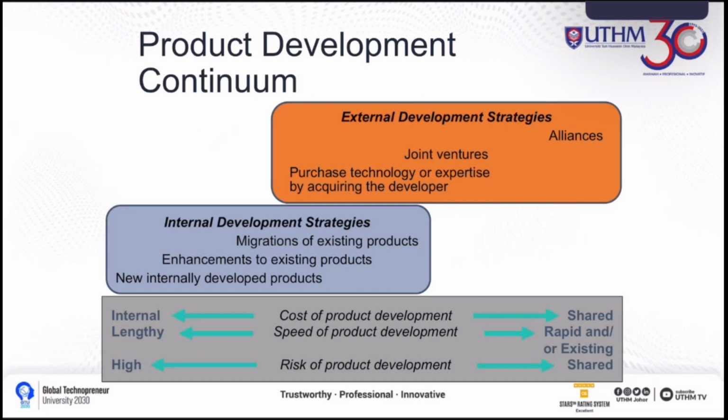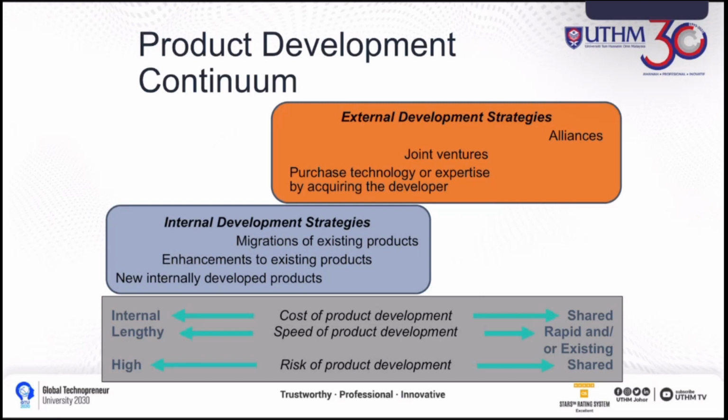So in the next table, we see that when we use external, the cost of product development is shared. For internal, the cost is borne by yourself. And then we have speed of product development. If you have a joint venture or an alliance, you will have a rapid speed of product development.